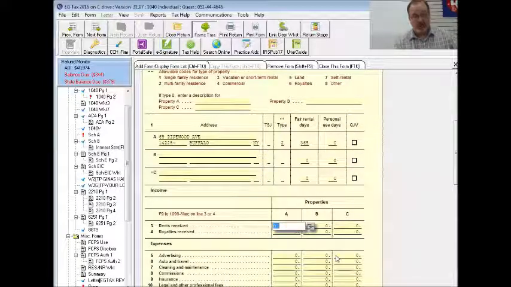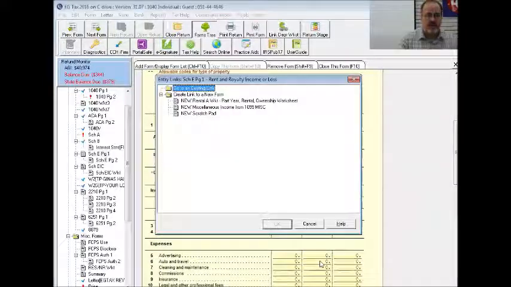So line 3 under property A. Make sure, because there are 3 properties on each one of these, that you get in the right column for the property you're relating to. So the address up above matches the numbers you're doing. First thing we're going to do is rental income. Where does she get her rental income from? Yeah, so go into that box 3, hit F9, and tell me what's in there.